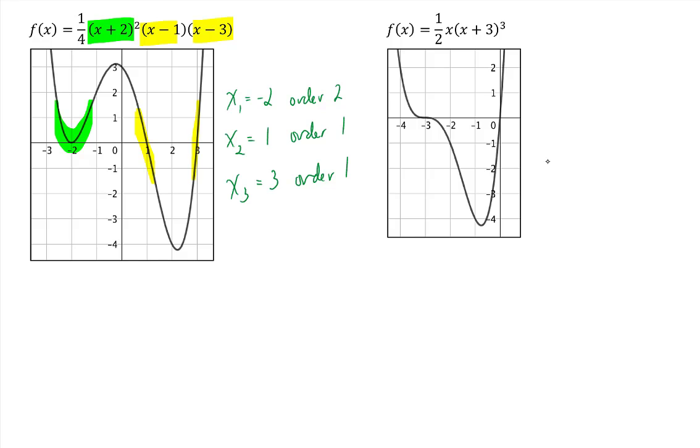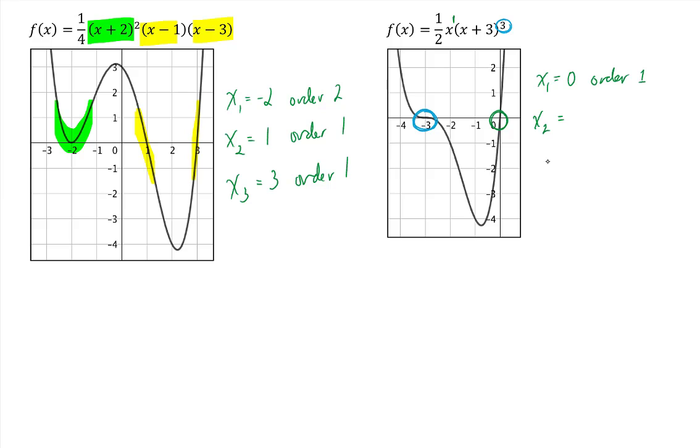Finally, look at this quartic function. It has an order 1 factor at 0, and notice it does look like a line going through there. And we have an order of 3, which looks like a cubic function passing through that 0. So we have our first 0, which we said was at 0, and that is of order 1, which looks like a line passing through the 0.